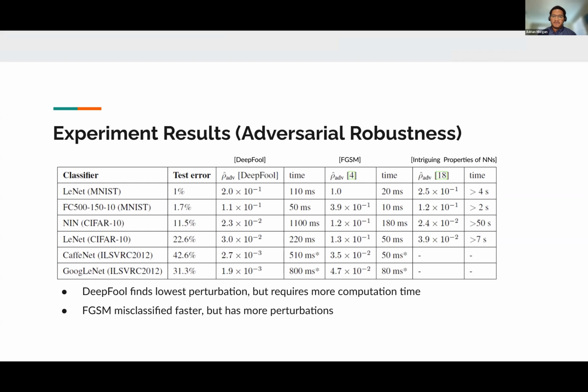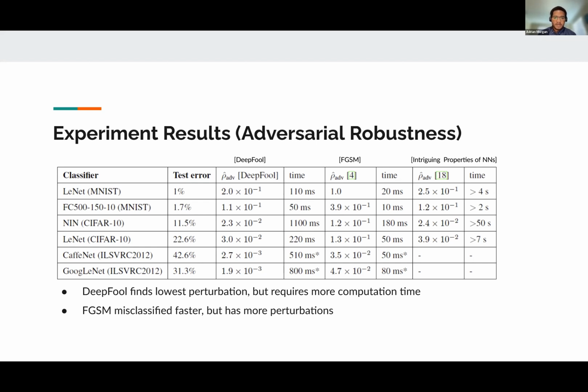And on the far right, the paper Intriguing Properties of Neural Networks was one of the first few methods of doing this sort of adversarial attack. And they were able to get a low perturbation value as well, but the time required to compute each image is much, much greater, at 4 seconds compared to the millisecond level.